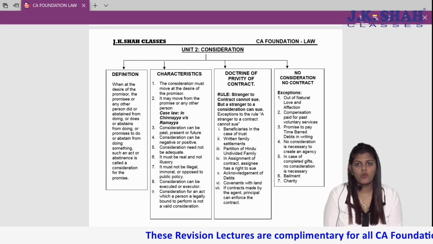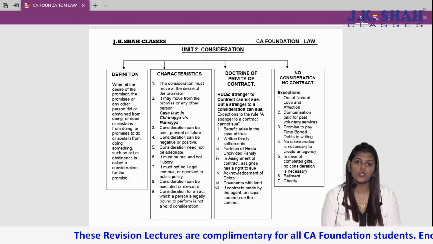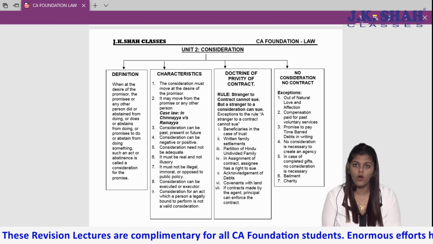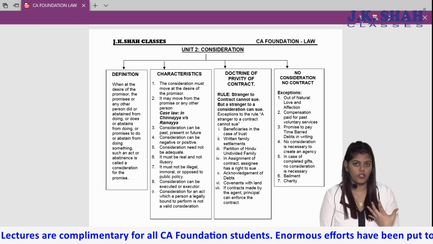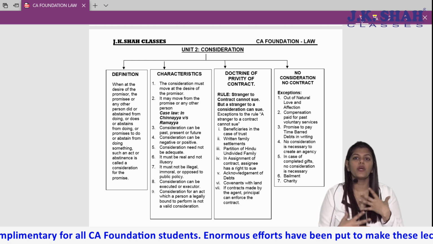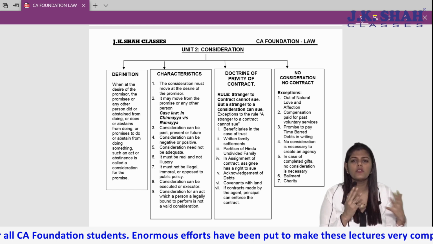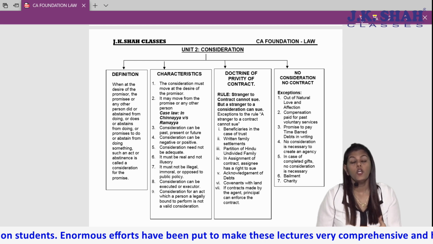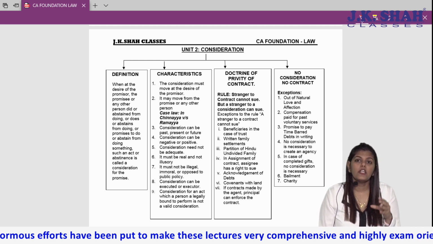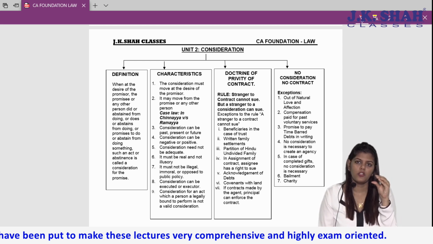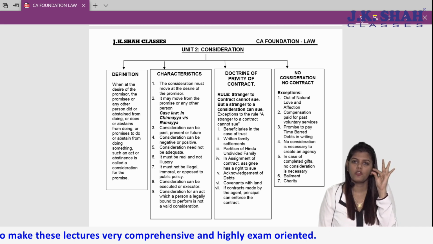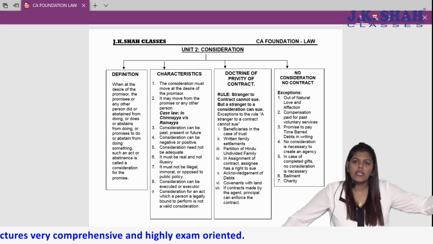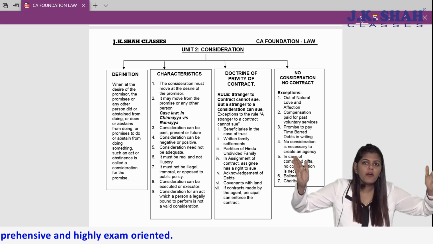The textbooks: since foundation is a writing exam for law, you need to read a lot. There are some students who are very used to very short notes. You have to remember one thing, that if you read only this much, you will be writing only this much. Human mind: I read so much, I remember this much.